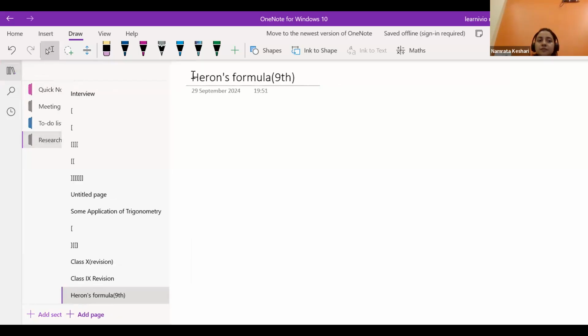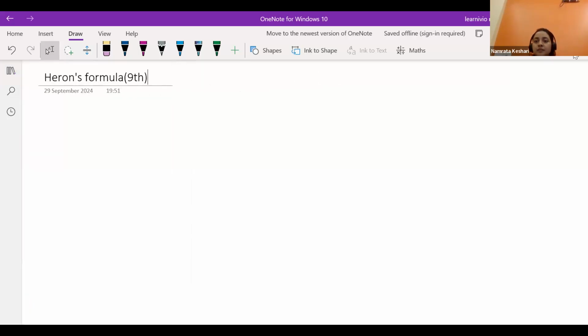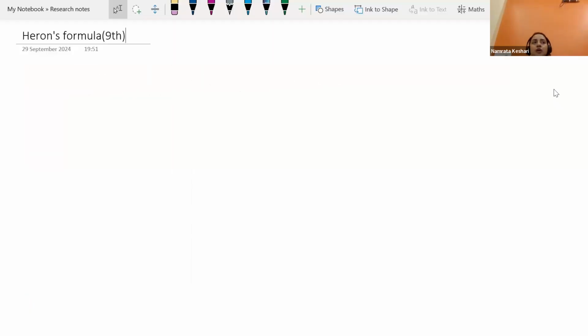Let's start. So Heron's formula. Heron is the name of a mathematician. He has given one formula to take out the area of the triangle. Are we talking about the formula which you know already, that is 1 by 2 into base into height? No, I am not talking about that formula. This is a completely new formula we are going to discuss over here.